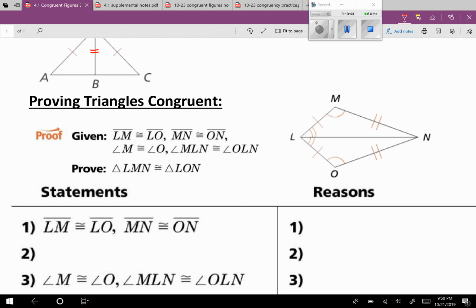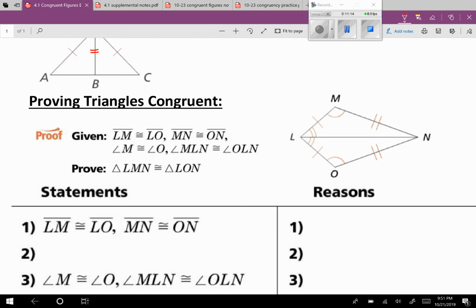And then angle M is congruent to angle O, and angle MLN, so this one here, is congruent to angle OLN, so this half right there. So from each of our triangles, we know we have 2 congruent angles and 2 congruent sides, okay? And they are corresponding to each other. You can just see you took the top one and flipped it down here.